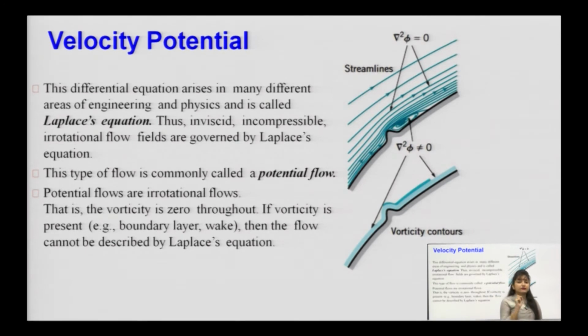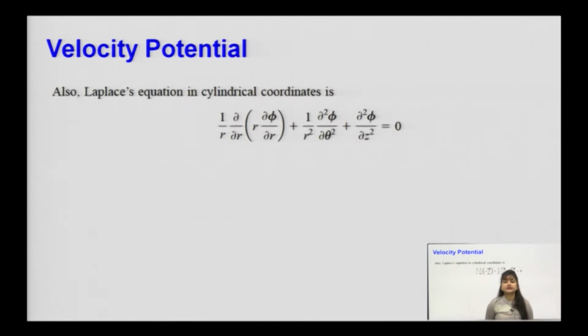If there is existence of phi or the velocity potential function, then we must be sure that the flow in that particular field will be irrotational, and the vorticity is 0 throughout the flow. Now, this is the Laplace equation in the form of polar coordinates, where radial and tangential velocities are considered, with radius and angle.